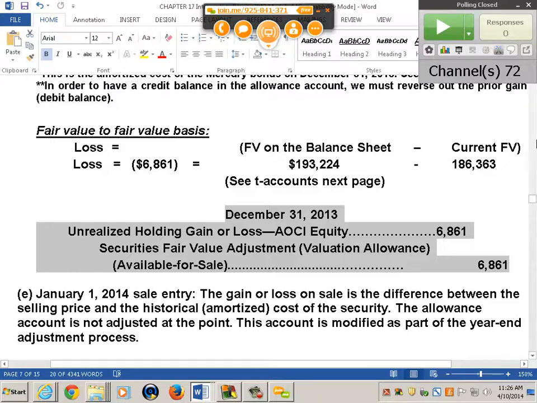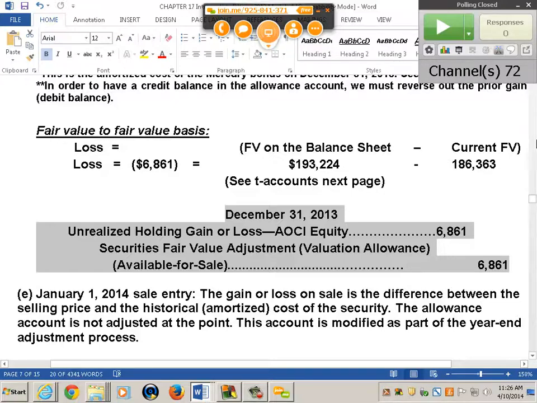I've got a debit balance in the allowance account of 3,375. So right now, if I look at my ledger, I'm carrying that investment at 193,224. If the market value of that investment is 186,363, then I know I have to write it down by 6,861.